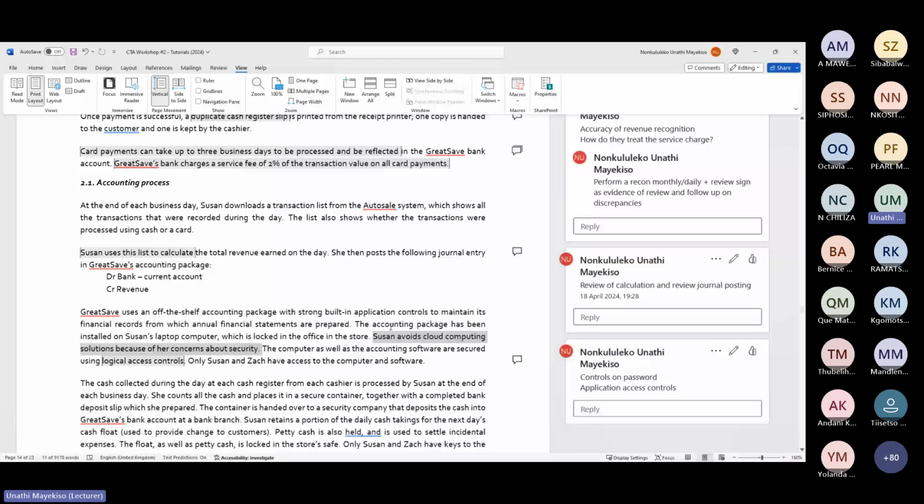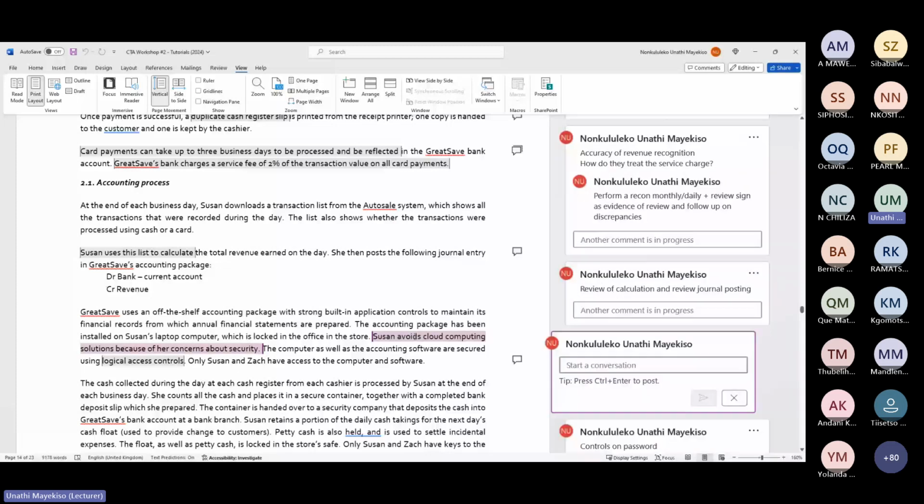So, okay, let me backtrack a bit and agree with you first there. We can see the fact that she avoids cloud computing. We are certain that she does not have backups, which is a concern that we raised earlier. So I'm not going to write it again because we did raise it. But when it comes to her concerns about security and avoiding cloud computing, what would you then bring to the front?